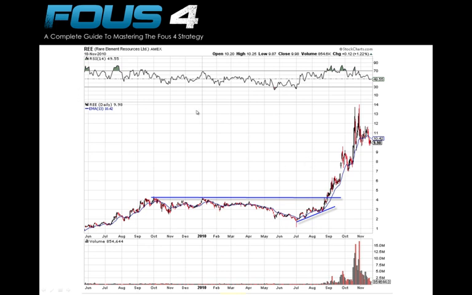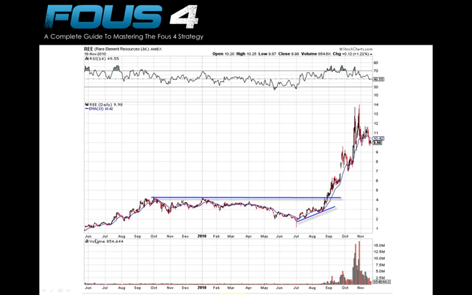Here's another one, REE. This was a fairly flat to neutral trend here, and then we first got this long, mediocre trend here that was neutral, but it formed this neckline resistance here at $4 per share. So got this first rise in price, retested it here, and then it actually came back down.